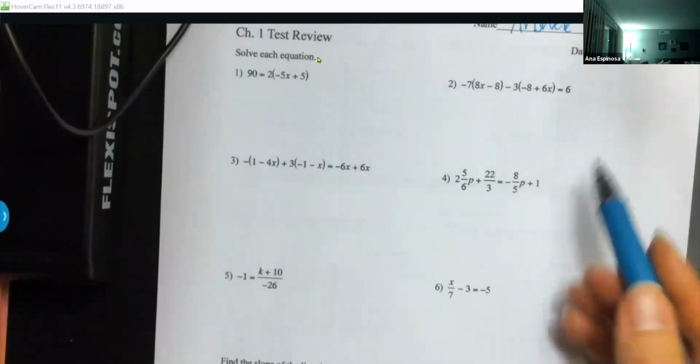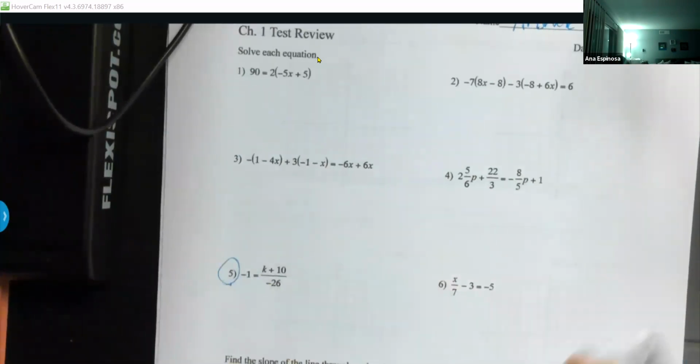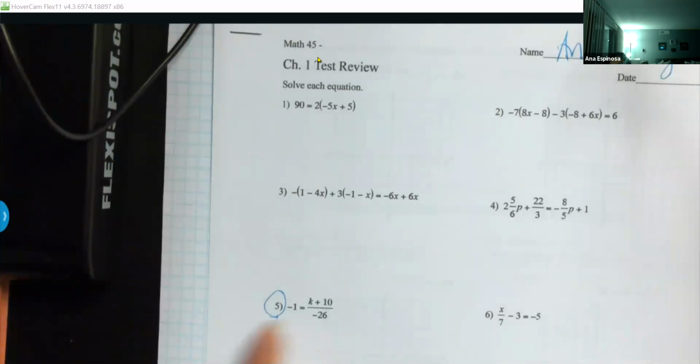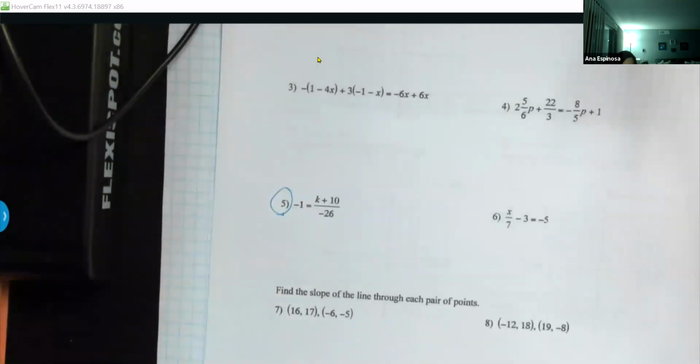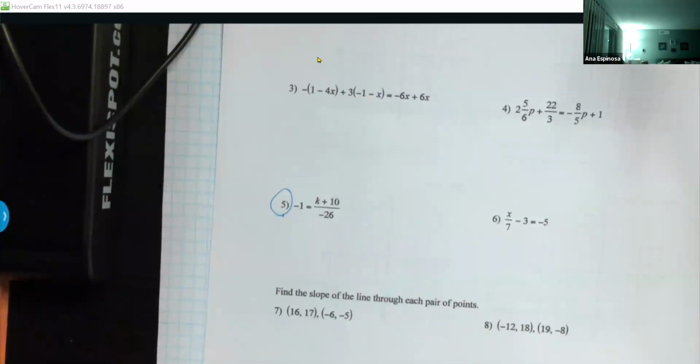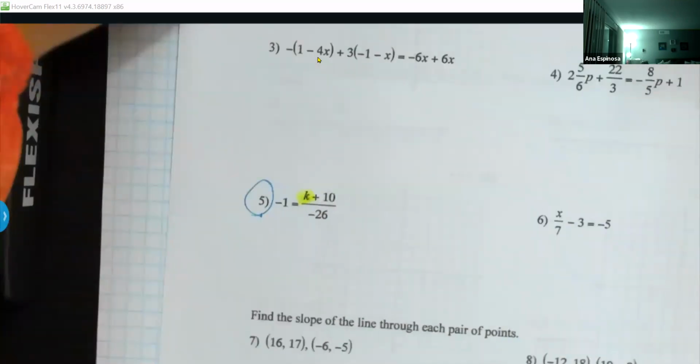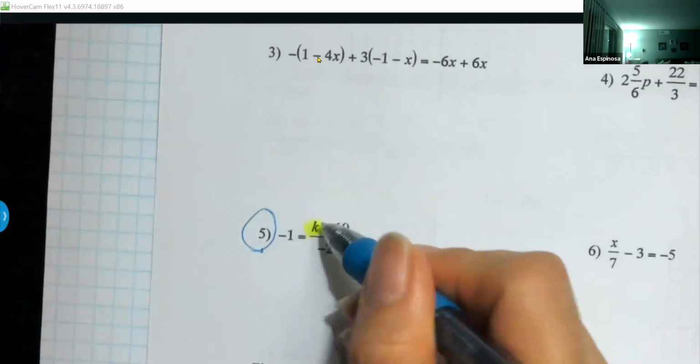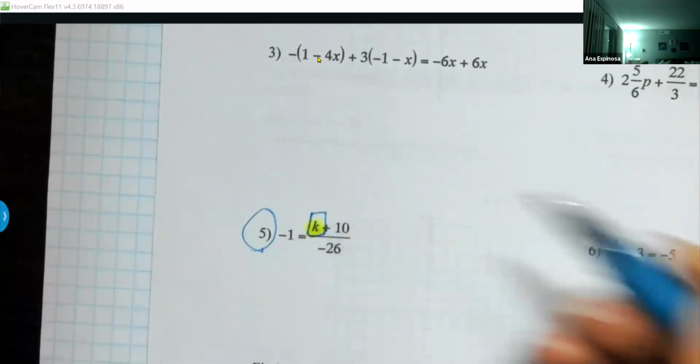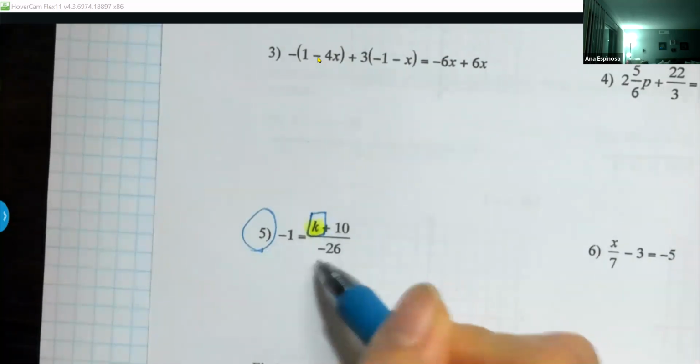So let's deal with some of the fraction ones, maybe like this one. Okay. When you are dealing with the solving of a variable that is in the numerator, what you want to do is be able to have it by itself. That means isolating. And so I need to get rid of this 26, right?